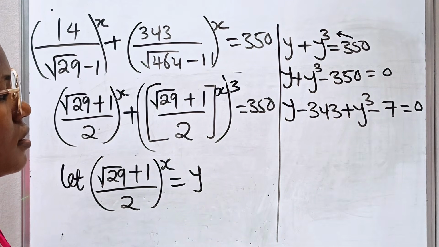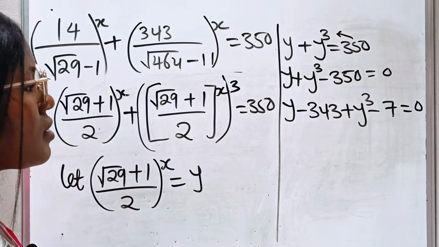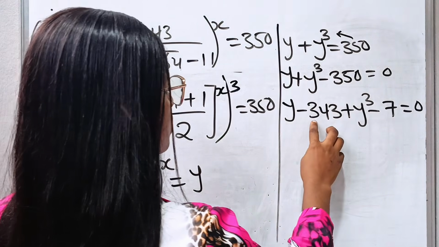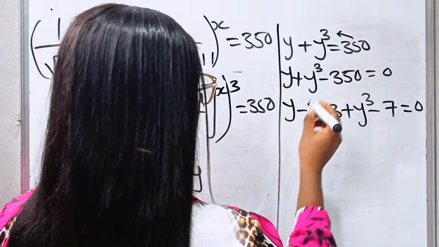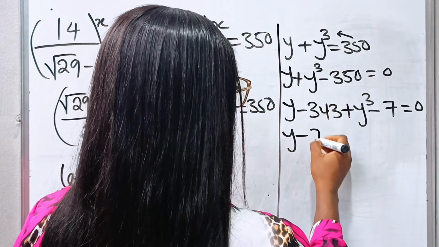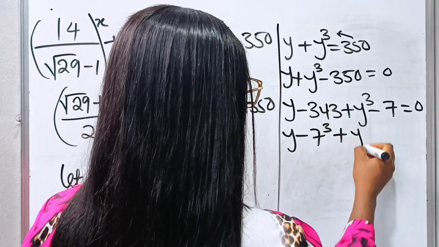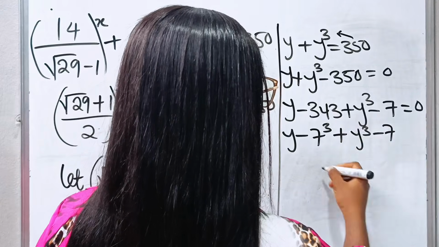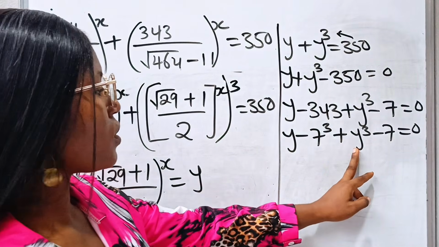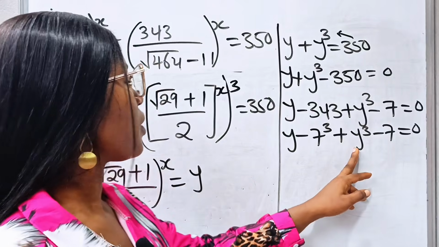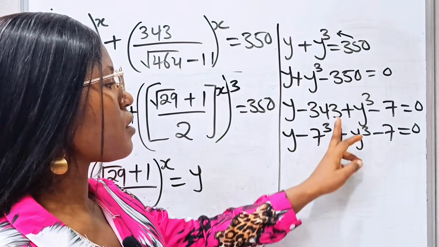Now looking at this, we can see that 343 is the same thing as 7 to the power of 3. So we have y minus 7 to the power of 3 plus y to the power of 3 minus 7 is equal to 0. Now I want this one that is in power of 3 to be together with minus 7 to the power of 3.